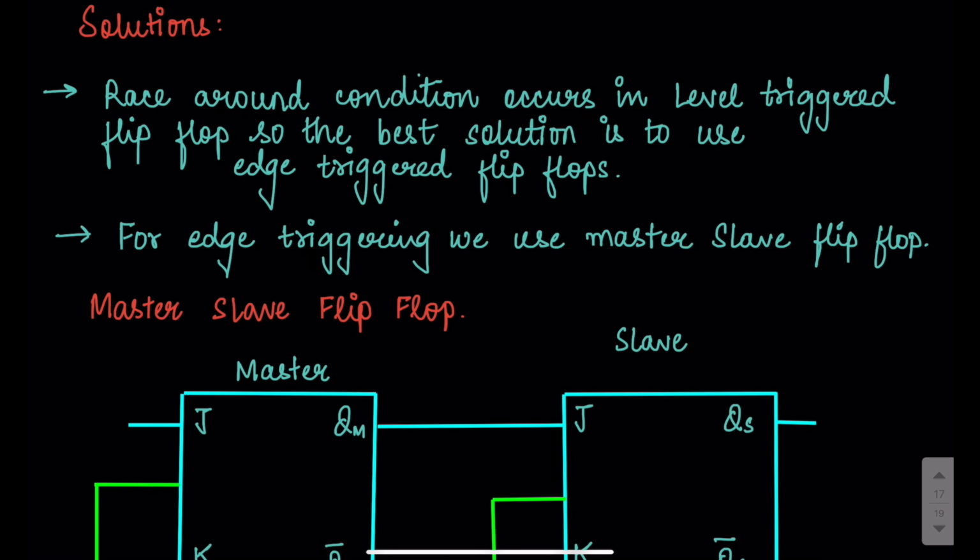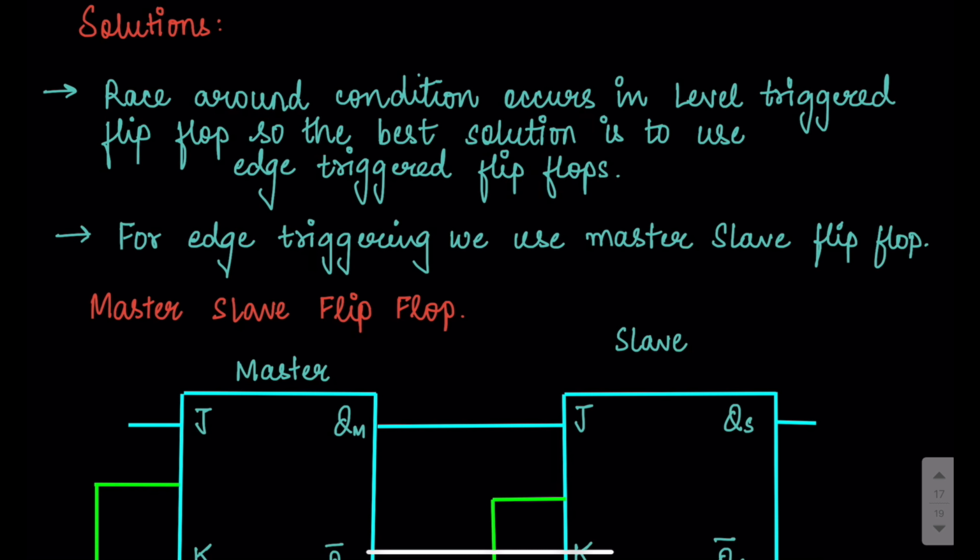If the circuit is made to trigger at the edge of the clock, then the race around condition automatically finishes off, because the edge is either from negative to positive or from positive to negative edge. And in that case, it is always ensured that the flip-flop will respond only once.